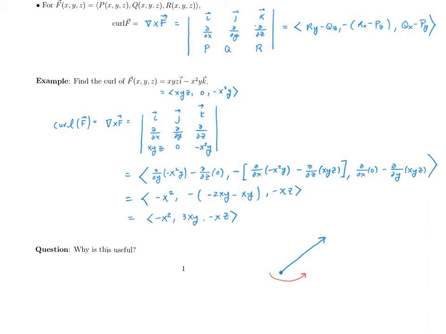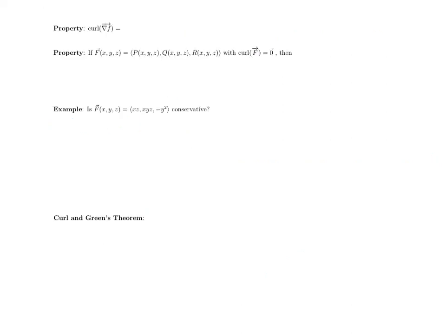So let's go ahead and think about the relationship to conservative vector fields. Before diving directly into conservative vector fields, let me make just a quick reminder. Recall from earlier in this chapter, we defined that a vector field F is conservative if it is a gradient vector field.